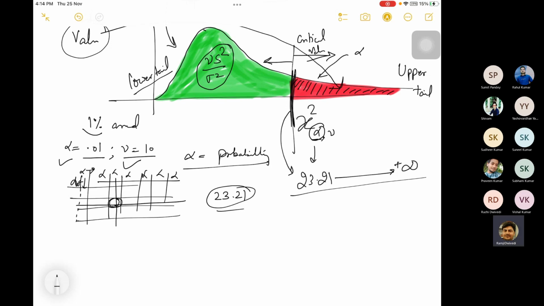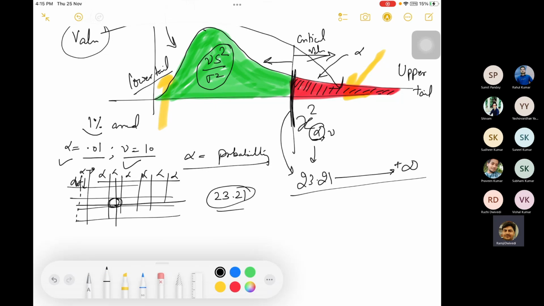Somebody could ask, what is the 1% area under the lower tail, or near the lower tail? That means you do not have to find the area under the curve in the upper tail region, but instead you have to find the lower tail region.